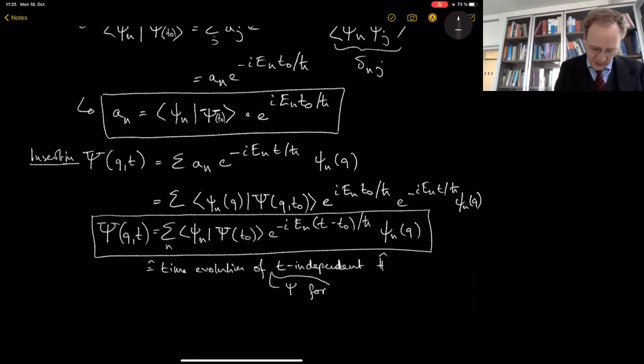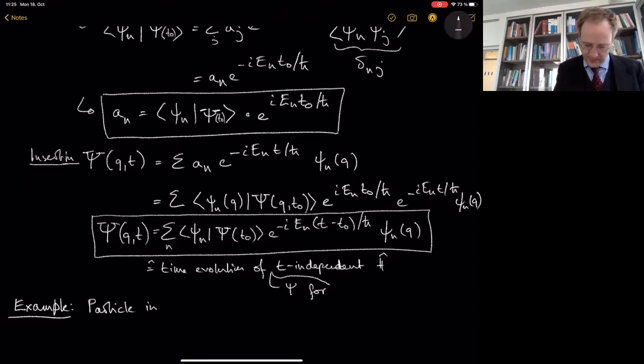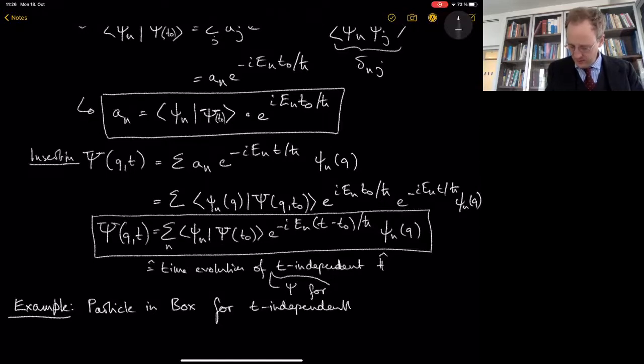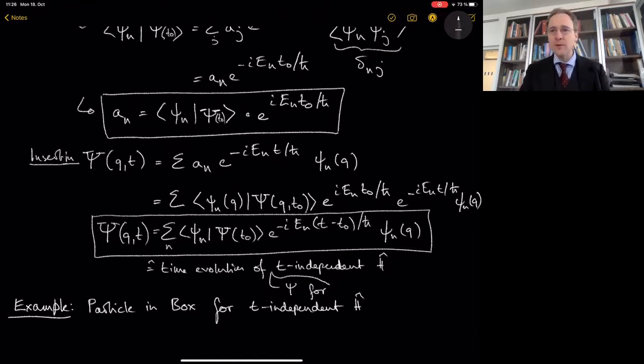So we want to discuss the example of the particle in the box for the time independent Hamiltonian. Okay. So this is basically starting where you already are, right?